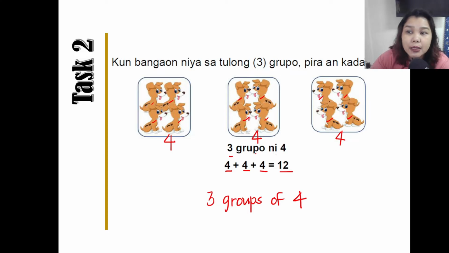Kahit pa iba-ibang number of groups, still, it will give the same answer. So, pwede siyang gawin in 2 ways. So, ang 12, doon sa balak ni Marco, pwede siyang 6 plus 6 o kaya 4 plus 4 plus 4.